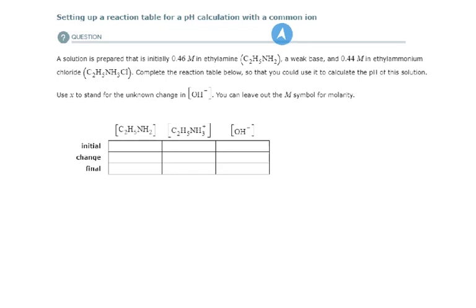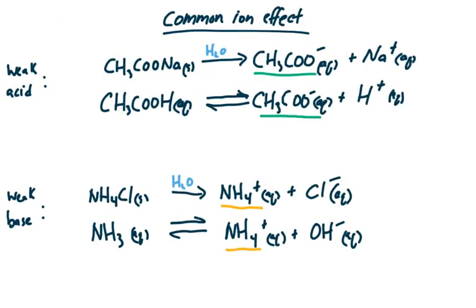Now, where the term common ion comes into play is when the solutes in solution contain the same ion, whether it's a cation or an anion. Then we have what we call a common ion, and the common ion effect comes into play. So let's look more closely at what this common ion effect is.